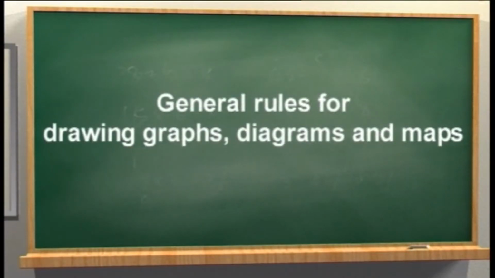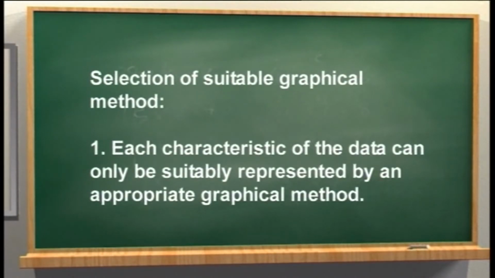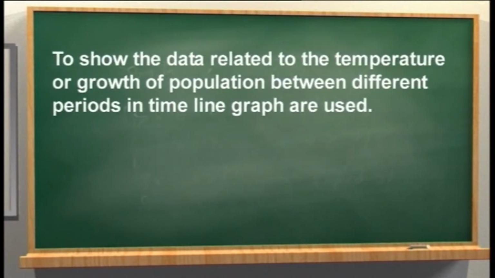General rules for drawing graphs, diagrams, and maps. Selection of a suitable graphical method. First, each characteristic of the data can only be suitably represented by an appropriate graphical method. For example, to show the data related to the temperature or growth of population between different periods in time, line graphs are used.